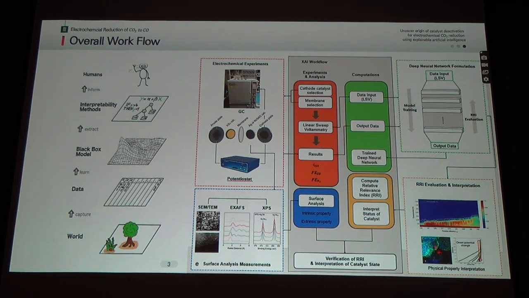Then we have the surface analysis measurement. On the right side, we have the GradCAM result, and we validate the GradCAM result by using surface analysis measurement, such as how the extrinsic and intrinsic properties of the catalyst change throughout the long-term stability.